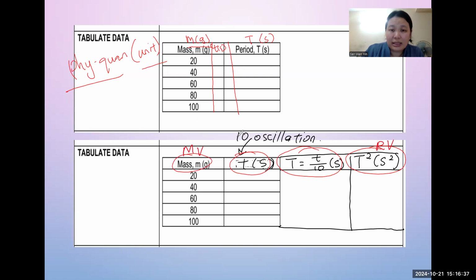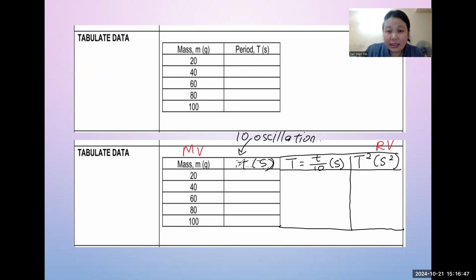How is it? Let's say 10 oscillations is 12 seconds. Okay, so this one, okay lah. Let's say this is 12 seconds. This is 14.2 seconds. Let's say, I simply write only.